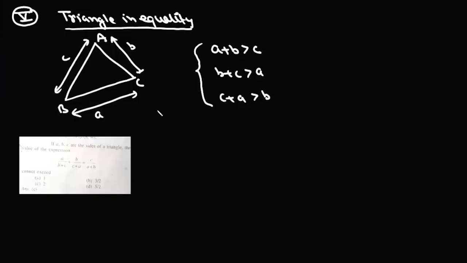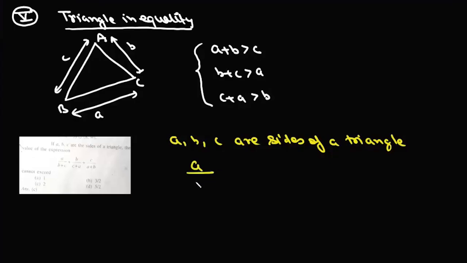It says if a, b, c are sides of a triangle, then the value of the expression a upon b plus c plus b upon c plus a plus c upon a plus b cannot exceed.